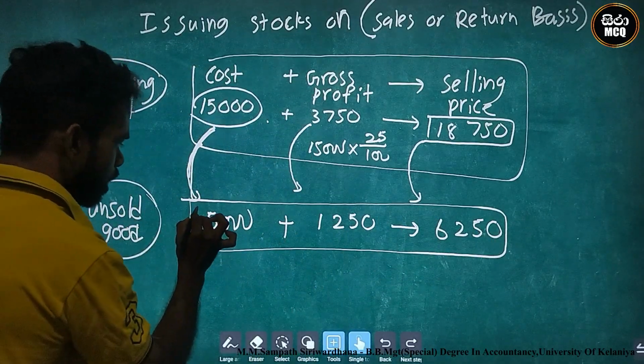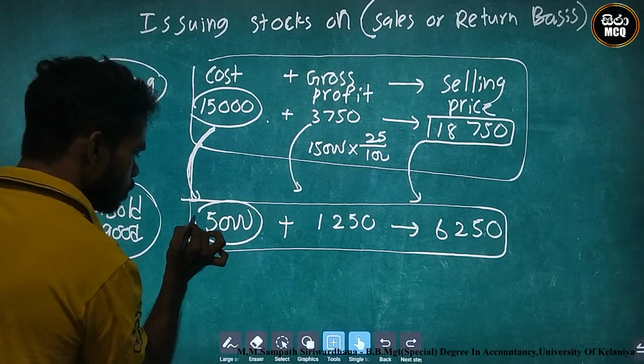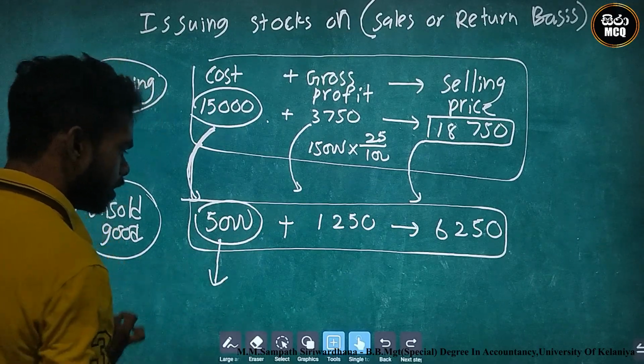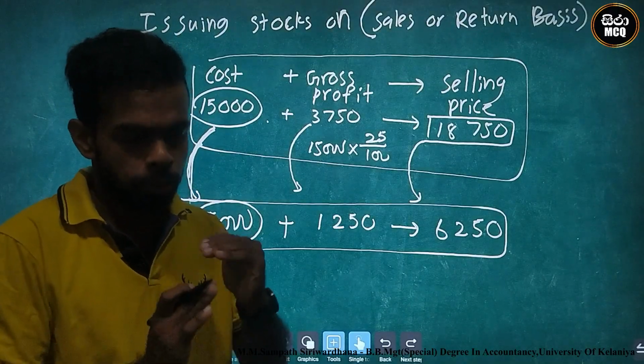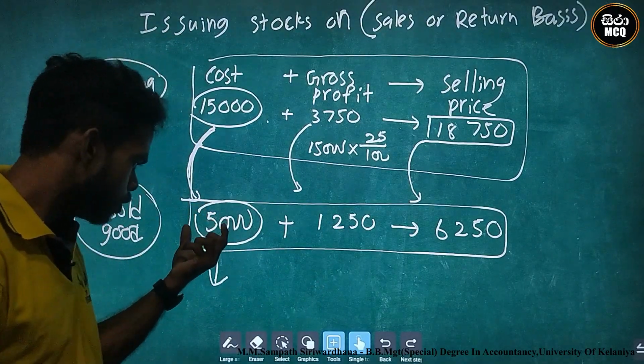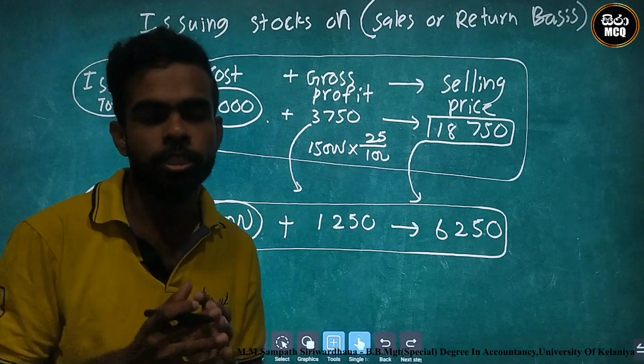In that case, the cost of these goods must be identified as closing stock. Why? The cost of these dispatched stocks is in our control.